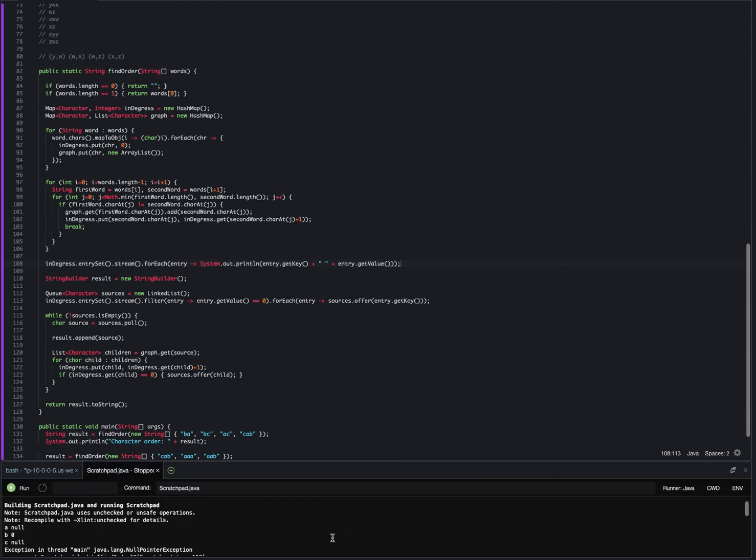Okay, so is E null, B 0, C null. So the in-degrees are not being populated properly. It's kind of weird that it's actually doing null, right?